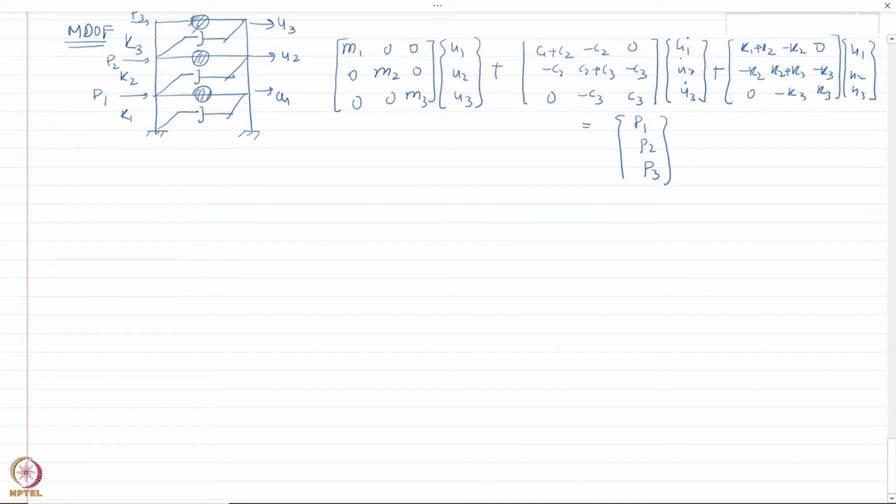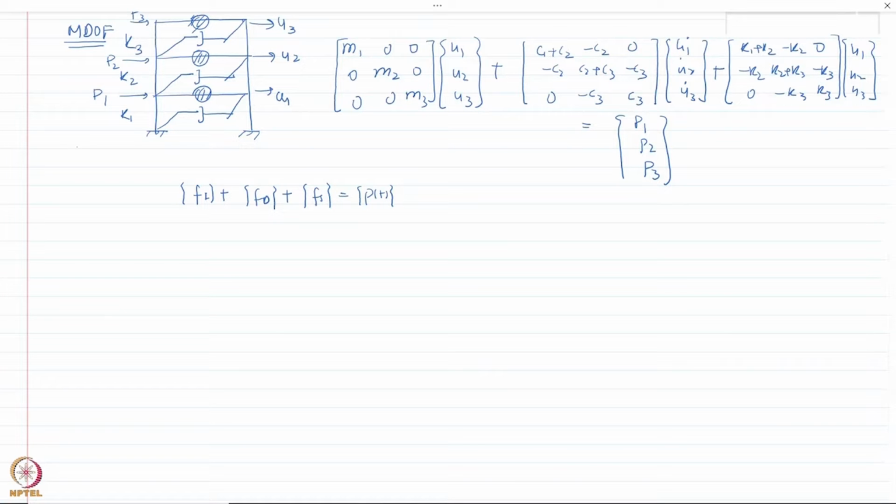So in general, the equation of motion of a multi-degree of freedom system can be written as the inertial force vector plus the damping force vector plus the internal force or the stiffness force vector equal to the applied force vector, and this is basically the extension of the equation that we had used for a single degree of freedom system.